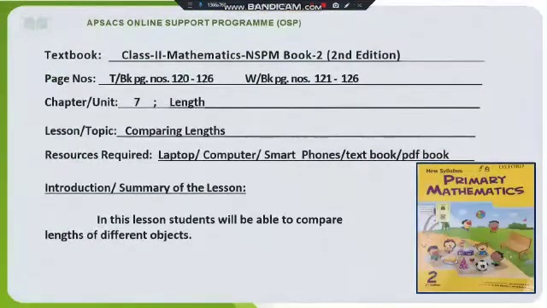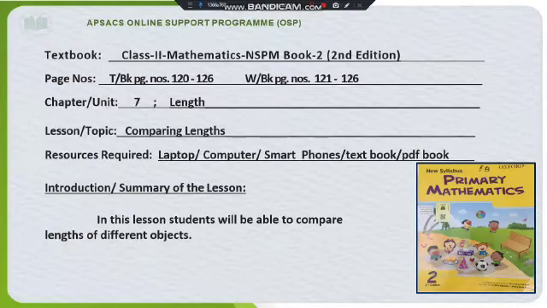Dear students, this is math period and I hope all of you have the New Syllabus Primary Mathematics Book 2, second edition. The page numbers of the textbook we will cover today are 120 to 126 and workbook pages 121 to 126.